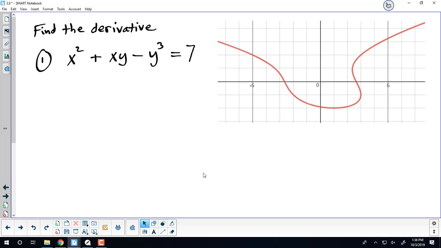But you would still have to leave this one, y prime, right? Yeah, because it's just hanging out there. There are no wind-up terms.